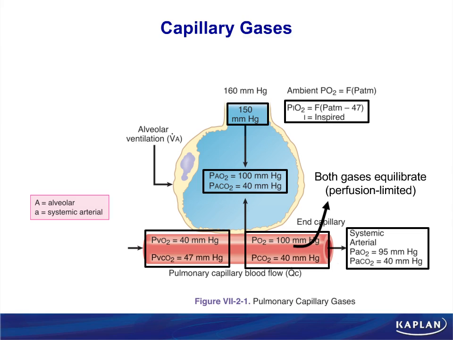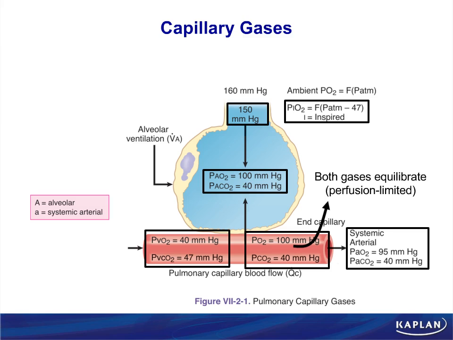And it's normal to have a difference, a lower arterial than alveolar. This is because primarily of anatomic shunts. Remember your anatomy, there are some shunts, okay? These are right to left shunts, venous blood mixing in with arterial blood, pleural veins, bronchial veins, the Thebesian veins. So that small amount of shunt blood flow is reducing the oxygen. It's not enough to change the CO2, but it does reduce the oxygen.